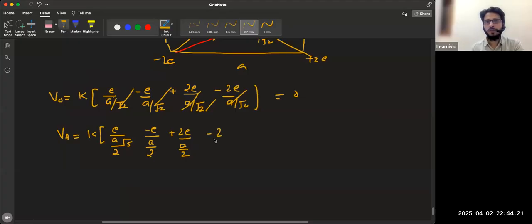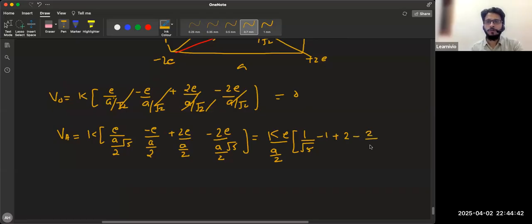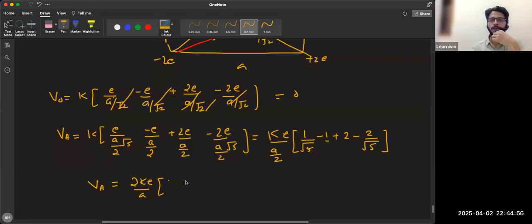Then you have minus 2E and separation is A by 2 root 5. So you can take K E by A by 2 as common and you will be left with 1 by root 5 minus 1 plus 2 minus 2 by root 5. So this is potential at A, which is 2KE by A. So minus 1 plus 2 is 1, minus 1 by root 5. This is potential at A.